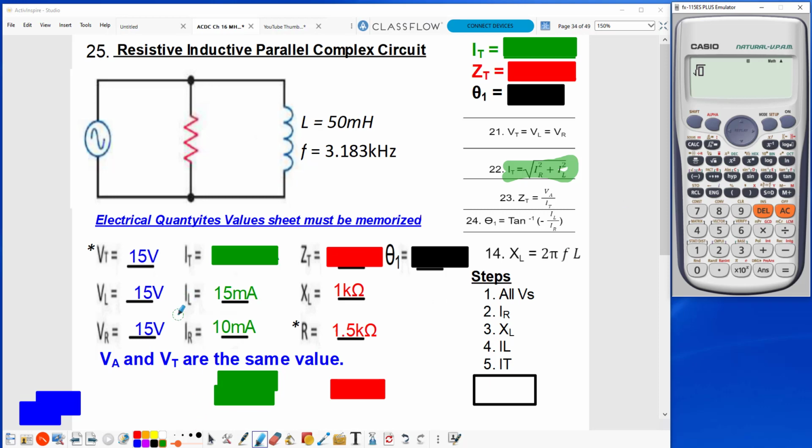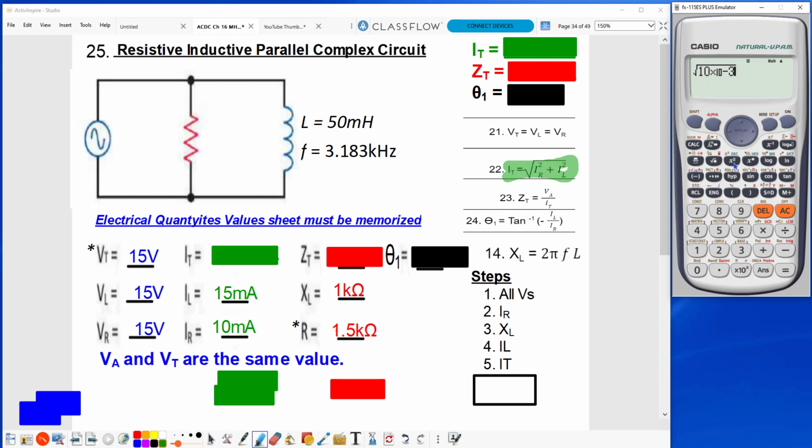Then I'm going to put in my IR value of 10 milliamps. 10 times 10 to the negative 3, and make sure you put milliamps in there or you will not get the correct value. And I'm going to square that number. If I look at my formula right here, it tells me that it's IR squared.